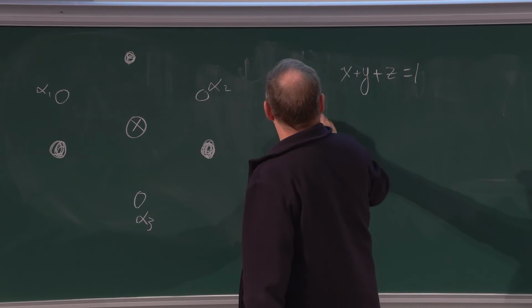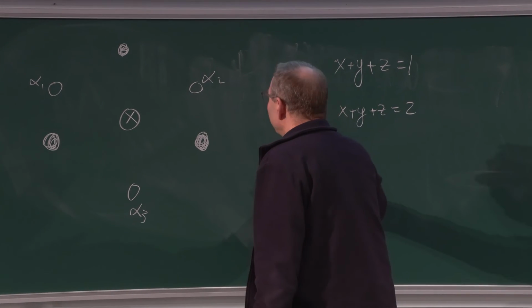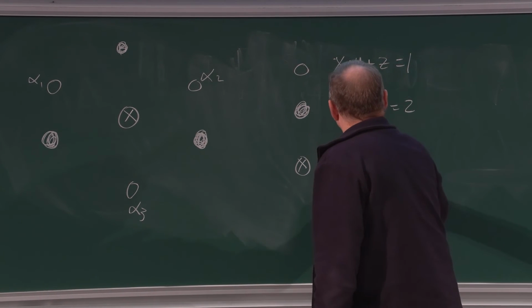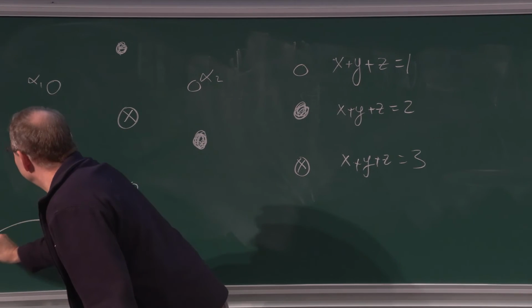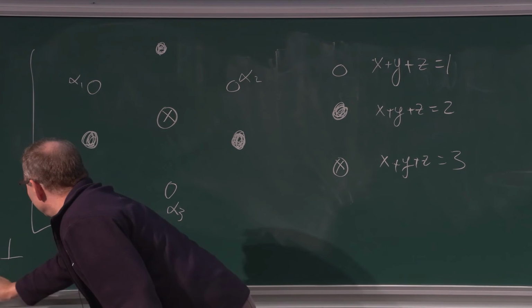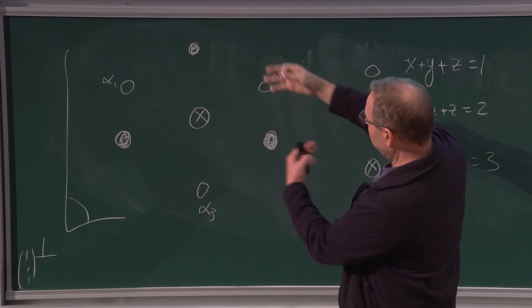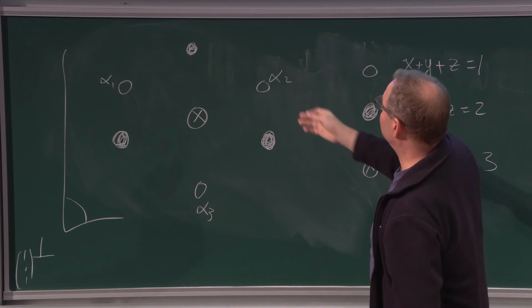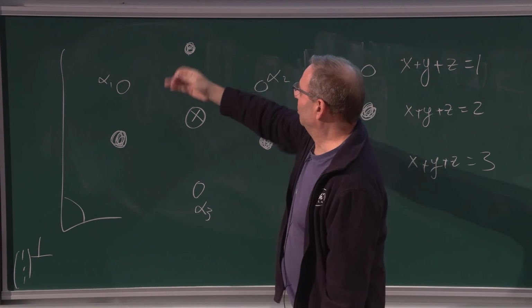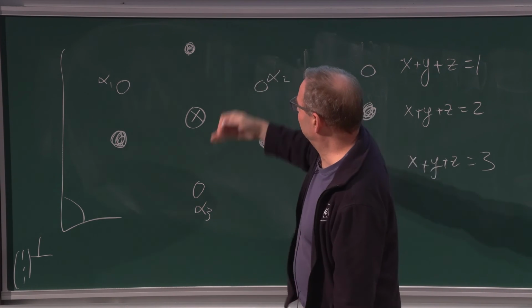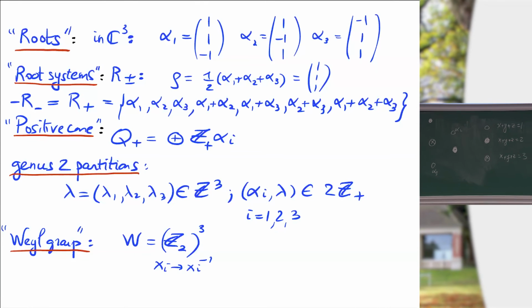Then the black ones have x plus y plus z equal 2, and finally the center has x plus y plus z equals 3. So I'm sitting in the plane which is perpendicular to 1, 1, 1. Okay, and so you see these are the 3. So it looks very much like the root lattice of SL3, but it's just an error of interpretation because it's in different planes.